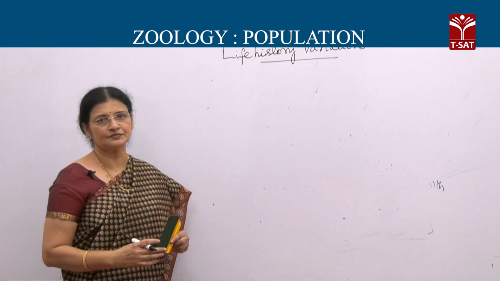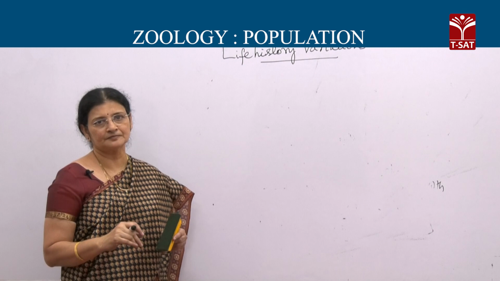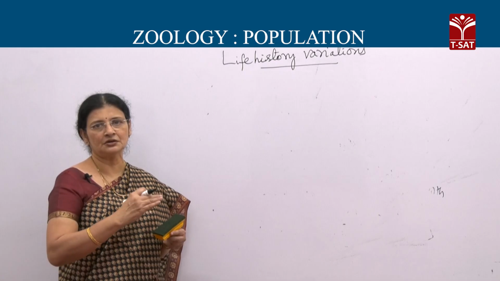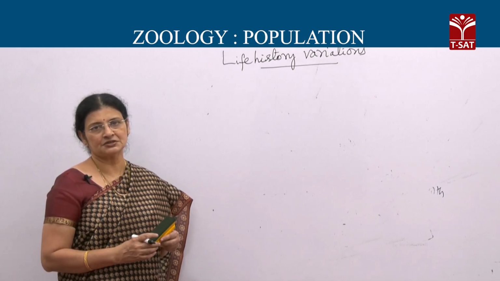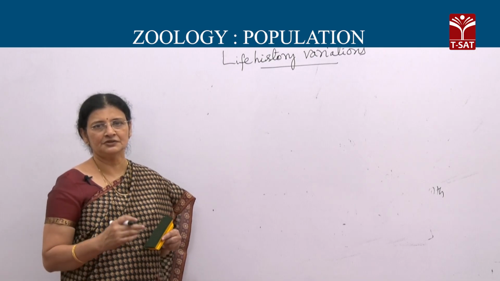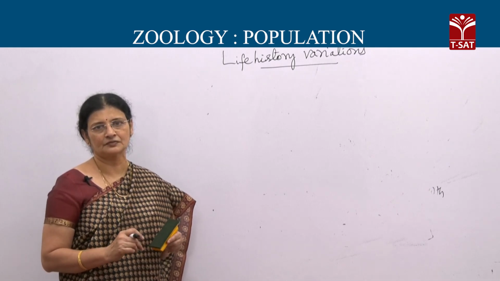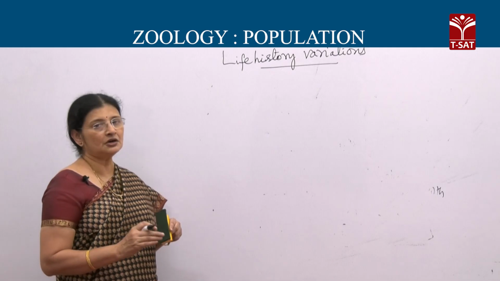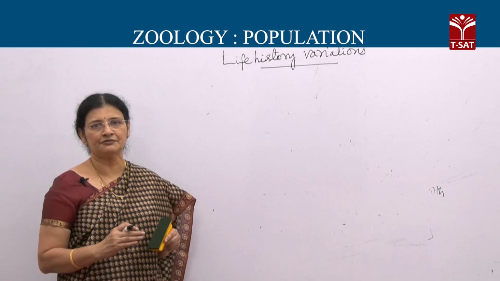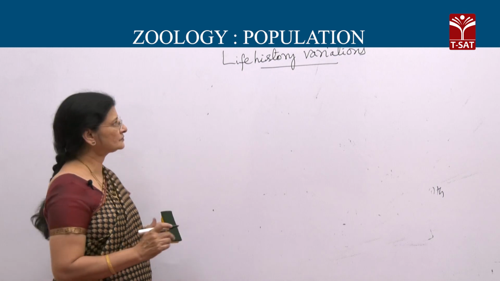Every species, depending on the environment where they are living, faces some constraints, some forces operating on the species. So, depending on the constraints of their environment, they have undergone some changes in their life cycles also. Every species will not show the same type of life history, and the rate of reproduction will not be the same for all the species.